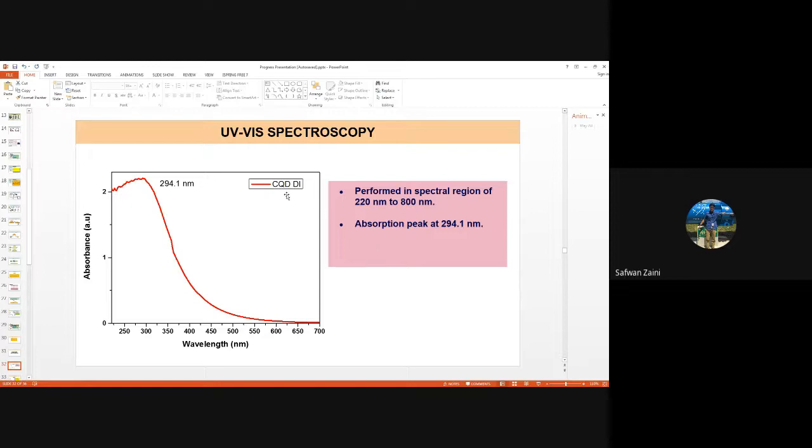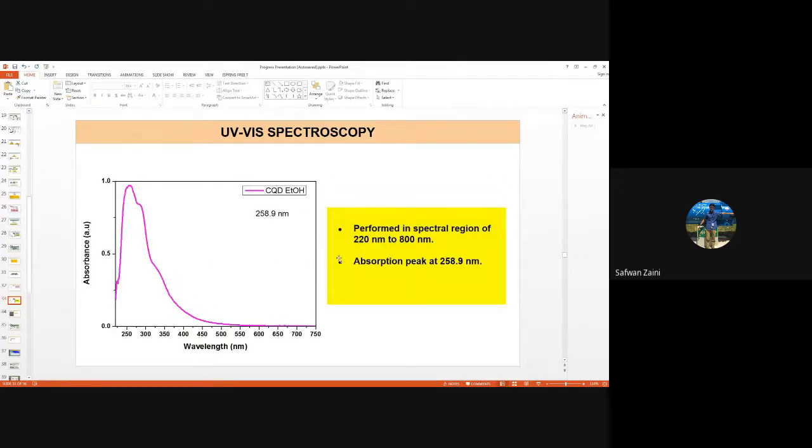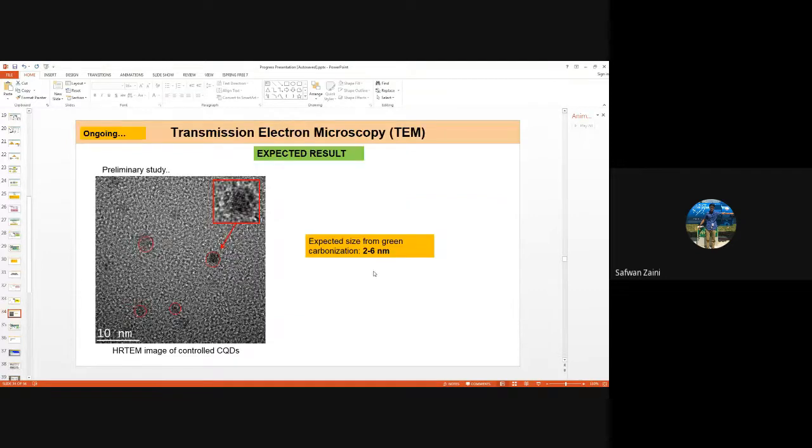The carbon quantum dot in water has an absorbance peak at 294.1 nanometer, and for ethanol it is 258.9 nanometer, performed in the spectral region of 220 to 800 nanometer. So this is a preliminary study.